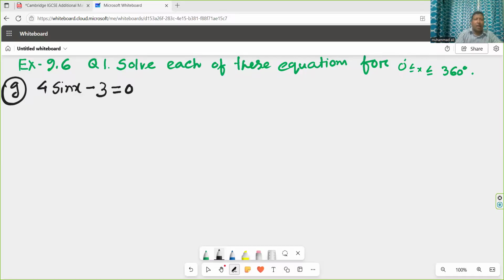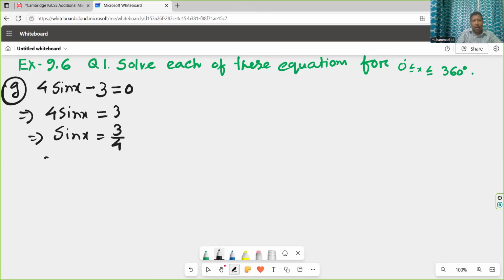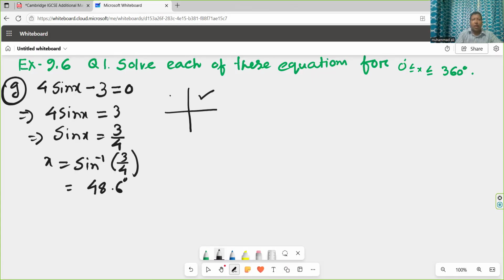G, 4 sine x minus 3 equals 0. So we have to write 4 sine x equals 3. So sine x equals 3 by 4. x equals sine inverse 3 by 4. So it will come 48.6 degrees. Sine is positive in the first quadrant and second quadrant. So this result is in the first quadrant.